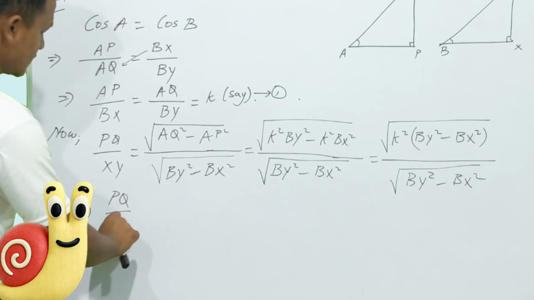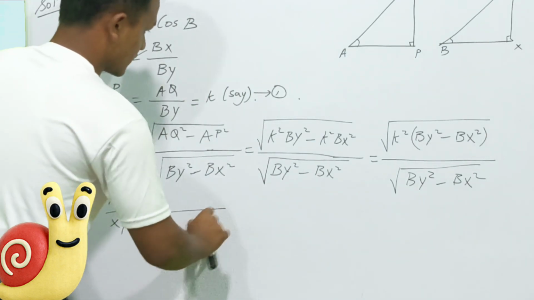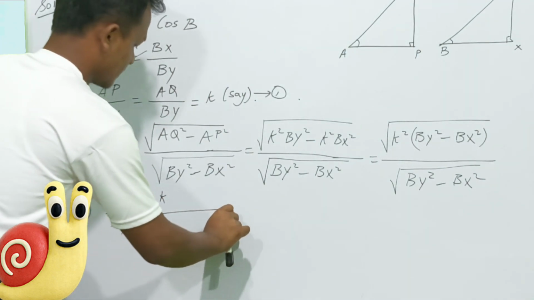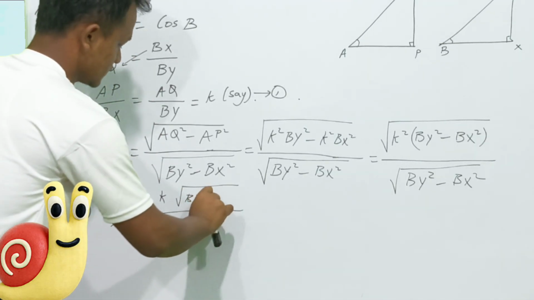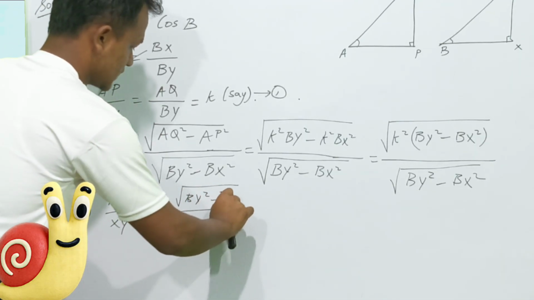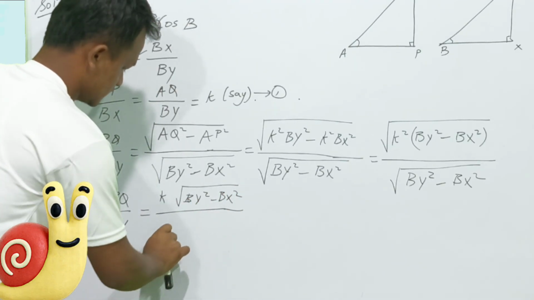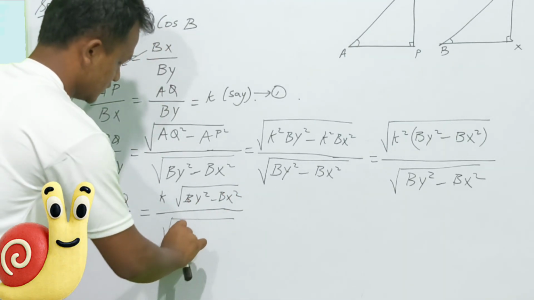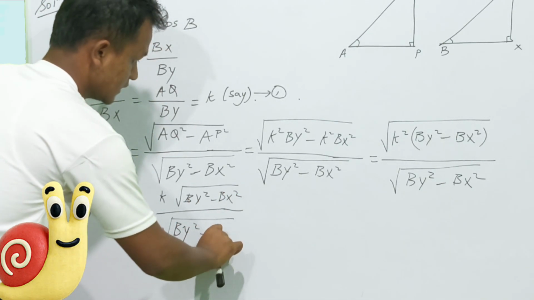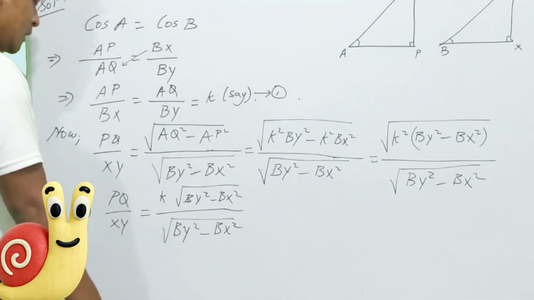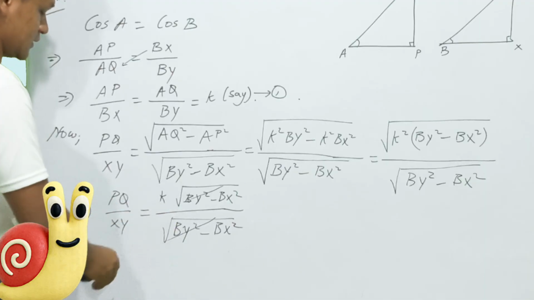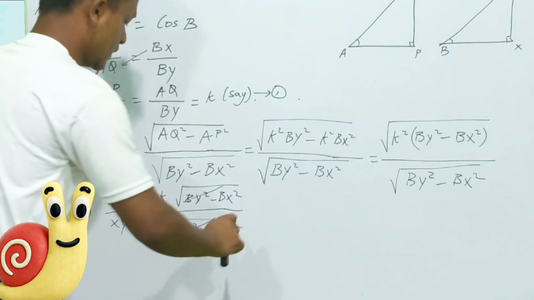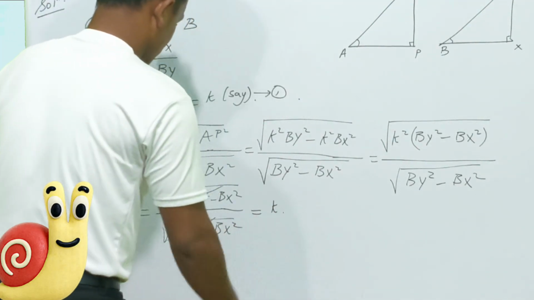PQ by XY is equal to K, and what is left in the square root will be BY square minus BX square. Similarly, the denominator will remain the same, BY square minus BX square. As you can see, this term and this term can cancel out since they are both equal, and we will get K only.